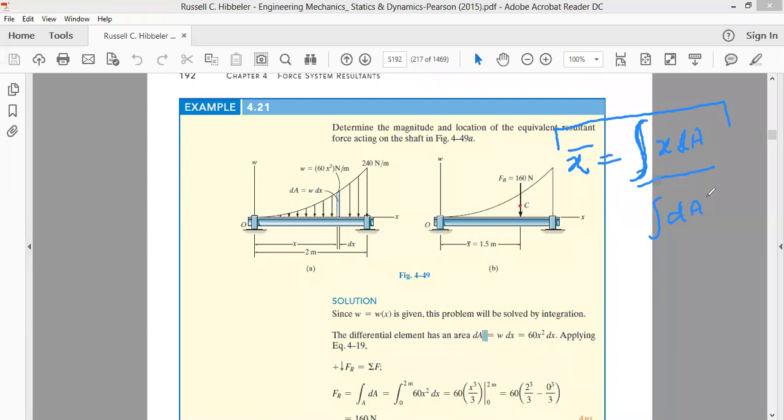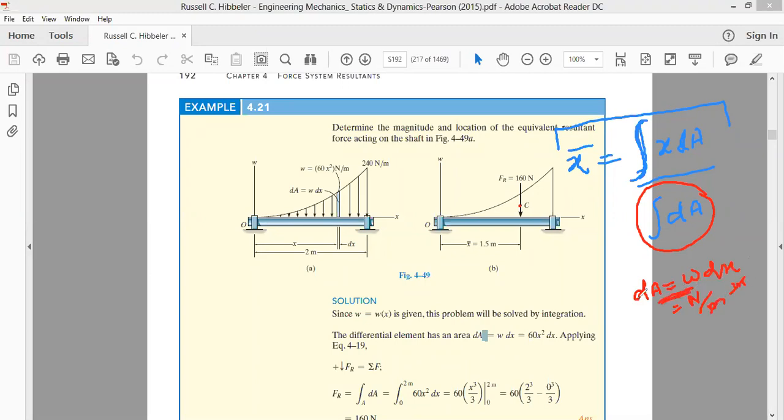As far as this denominator, integral dA, is concerned, in our case dA is equal to W into dx. W represents the intensity of the load, Newton per meter. dx is in meters. Meter cancels.